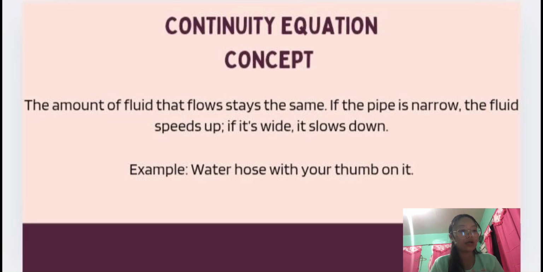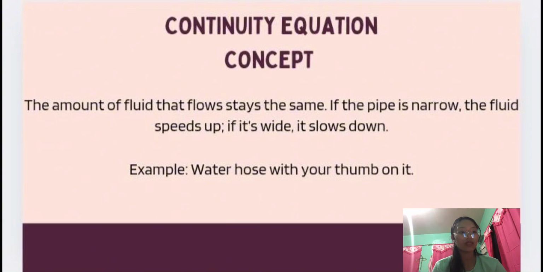So now let's tackle the continuity equation concept. The continuity equation concept is that the amount of fluid that flows stays the same. If the pipe is narrow, the fluid speeds up, and if it is wide, the fluid slows down.